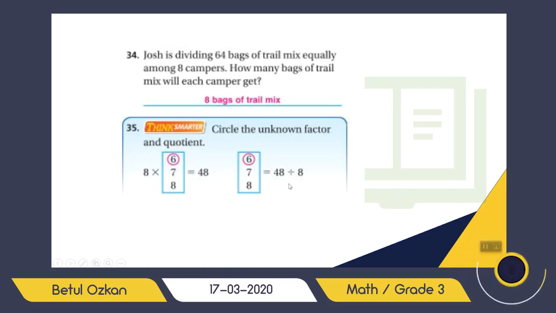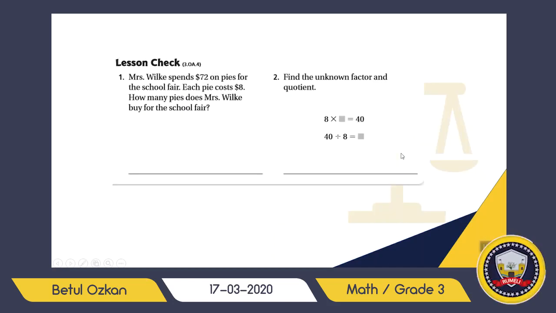Okay. Let's move to the division part right now. 48 divided by 8. Remember multiplication. 8 times what equals 48? Perfect, 6. So we need to circle 6 for the multiplication sentence and the division sentence.